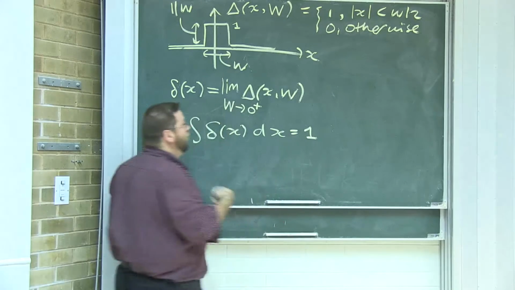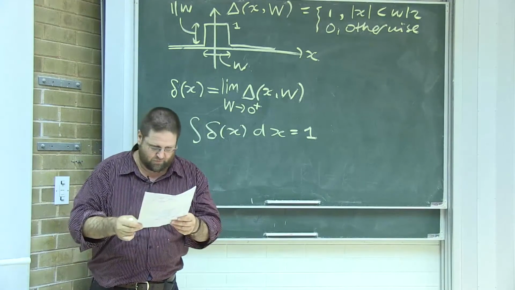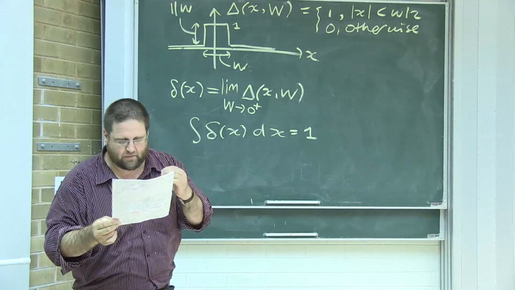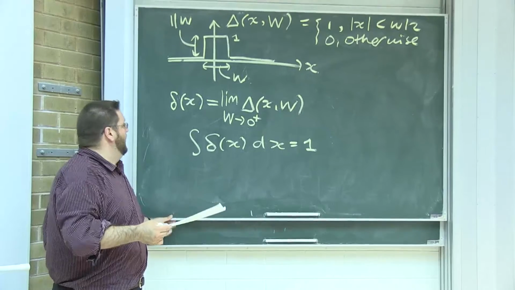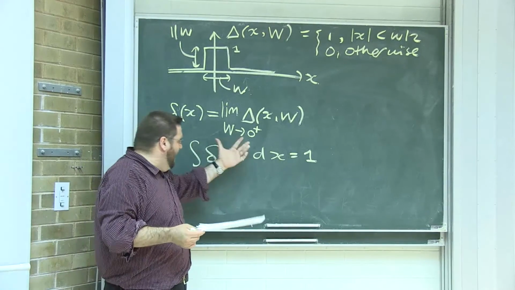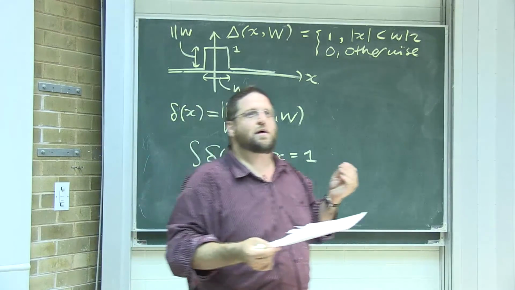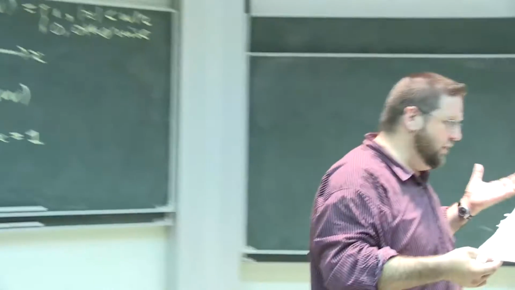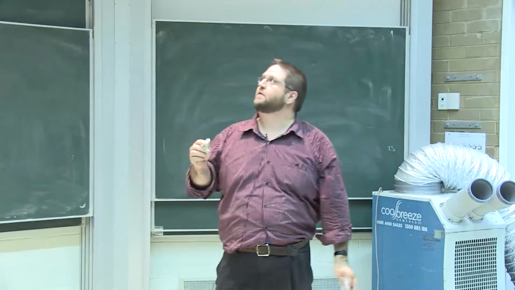Now I'm writing down a one-dimensional form of the Dirac delta. We'll get a three-dimensional form in due course. Here is one way of defining a Dirac delta. Any way which leads to an infinitely skinny, infinitely high curve, which has an area of 1, is a valid way of defining the Dirac delta.